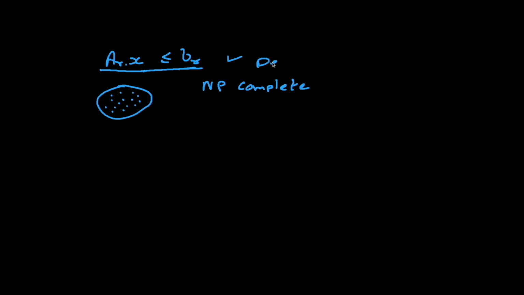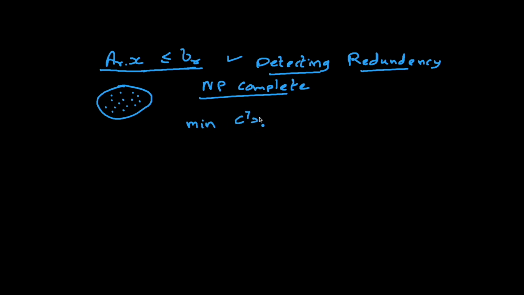That is, detecting, or rather deciding, if a constraint is redundant. Right, so how is it NP complete? It's a very nice proof that they gave in the paper. Let's say I have a mixed integer program, and let's write one: Ax less than or equal to b, and some bounds for x, right?